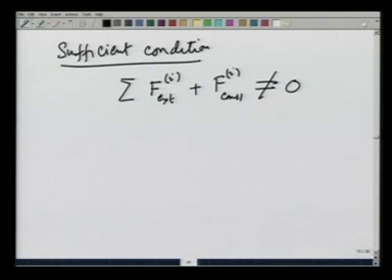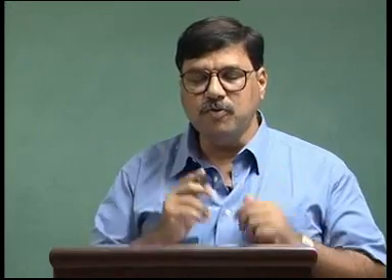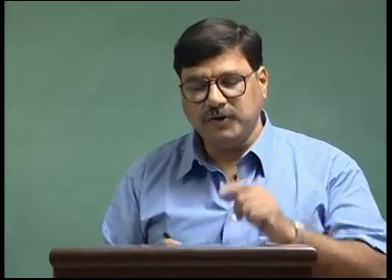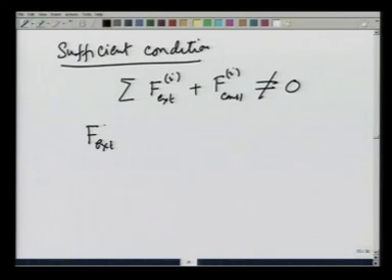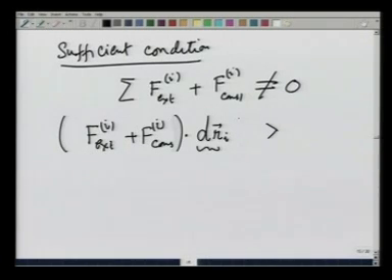If they do not vanish, then each particle would tend to move in the direction along which this force is, and therefore, F external i plus F constraint i dot, to distinguish from virtual displacement, I am writing this as dRi, for each particle would be greater than 0.